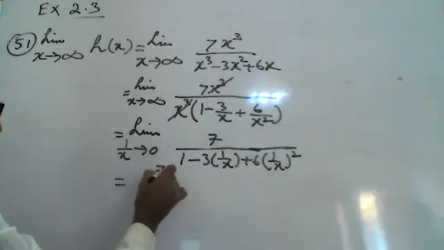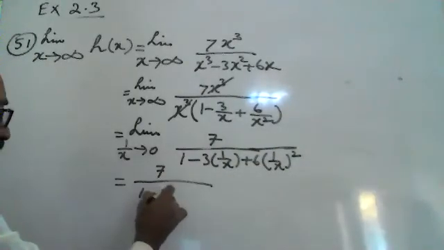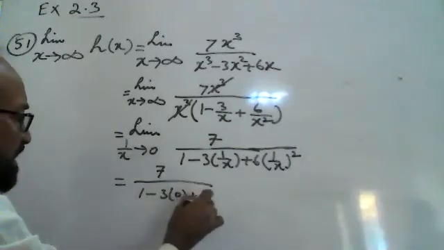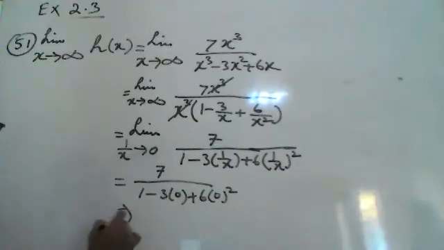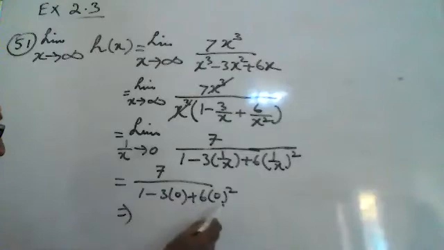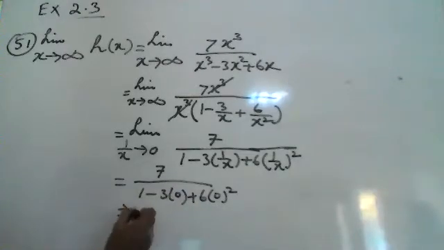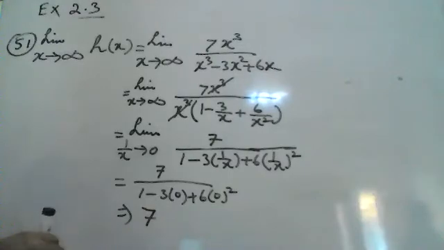It will become 7 over (1 minus 3 into 0 plus 6 into 0 square). This is 0, this is 0, 7 over 1, the answer is 7.